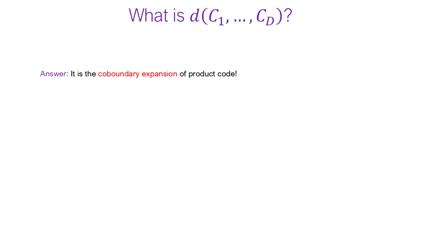Finally, we're not so far from the end. The natural question is, what is this high-dimensional distance? As I said earlier, this is an idea that was inspired by the theory of high-dimensional expanders, and the answer is very simple.